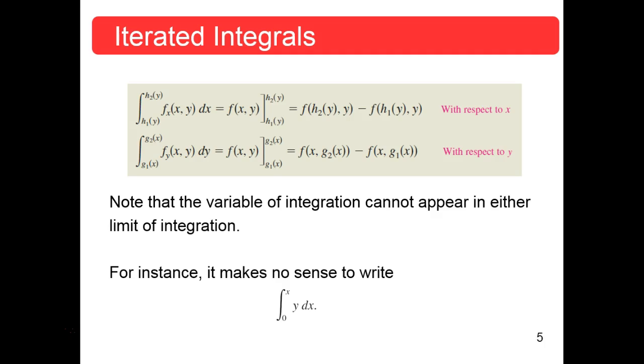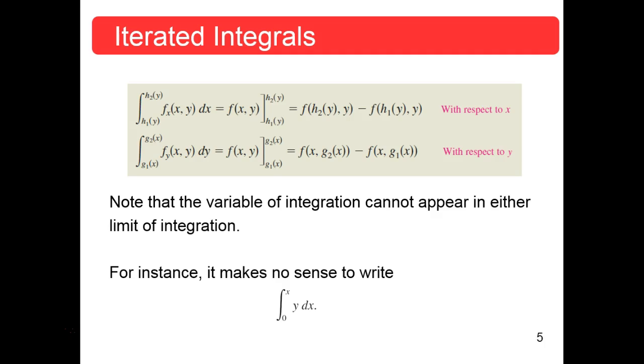Wherever you have an x, you plug in h2 of y, and then the same with h1. In other words, f of h2 of y, comma y, since y was a constant, minus f of h1 of y, comma y, because you're integrating with respect to x alone. A little bit of a weird situation, but hopefully it makes some sense.